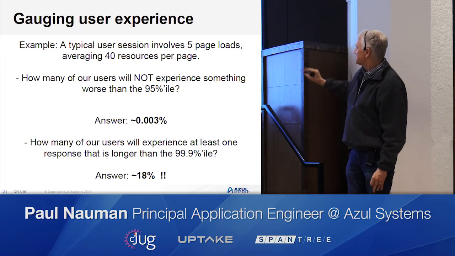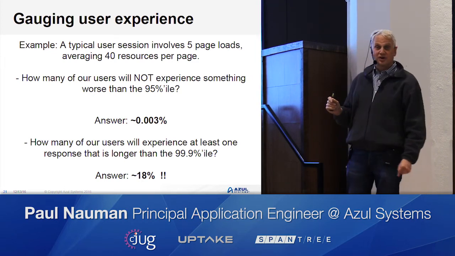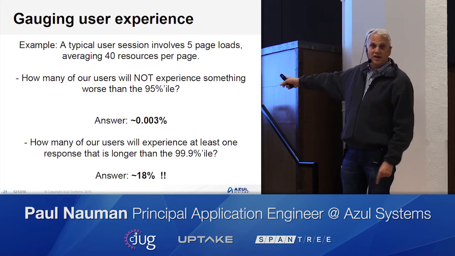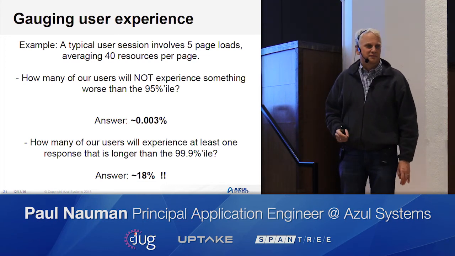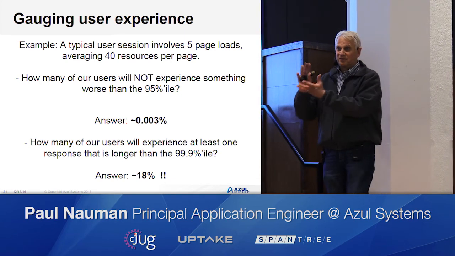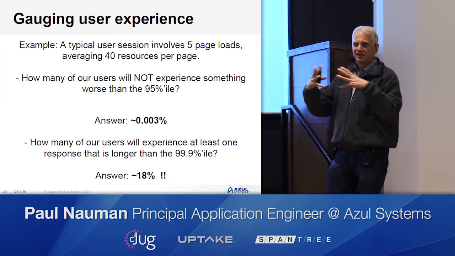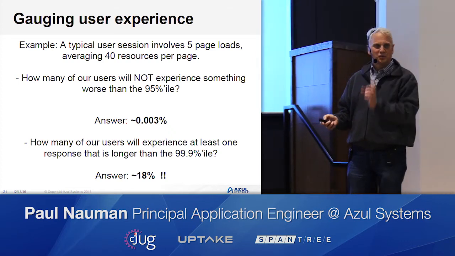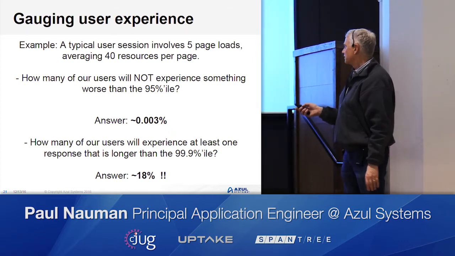And then how many users will experience at least one response that is longer than the 99.9th percentile? Almost 1 in 5. So these behaviors that we consider abnormal and terrible and catastrophic are actually happening a lot more frequently than we think they are, and coordinated omission makes that issue worse.